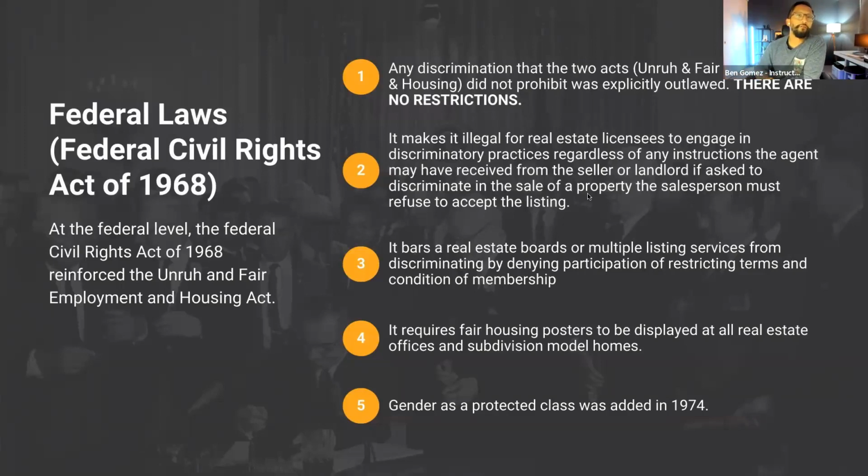You can't break the law because the seller told you not to accept offers from this race. The real estate boards are part of this. All the real estate offices and subdivision models must have a fair housing poster. And then gender was a protected class added in 1974. Big case, 1968.